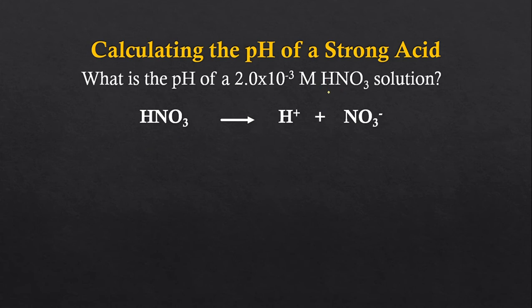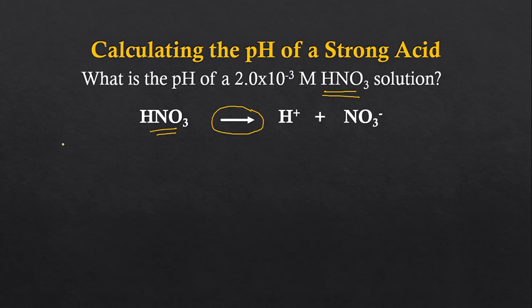And one of those strong acids is nitric acid, HNO3. Kapag strong acid, irreversible yung reaction. One way lang siya. Ibig sabihin, lahat ng nitric acid natin ay mako-convert into hydrogen ion and nitrate ion. So, madali lang yung pag-calculate ng pH ng strong acid.